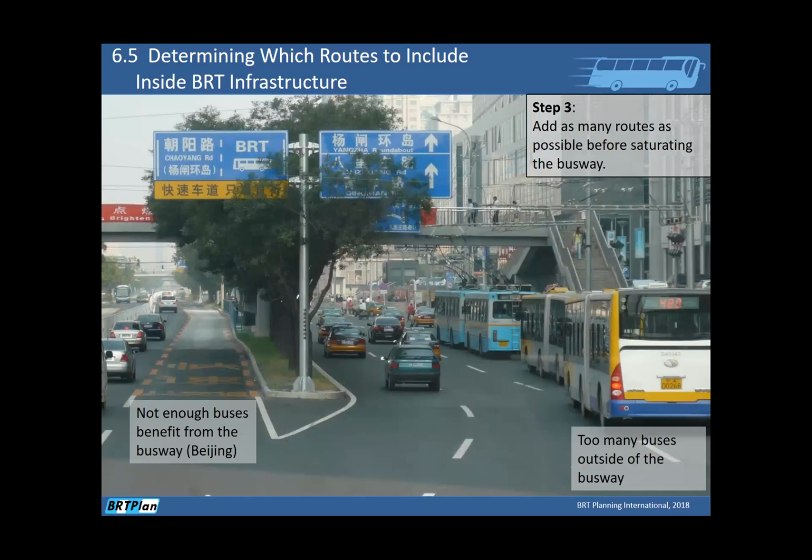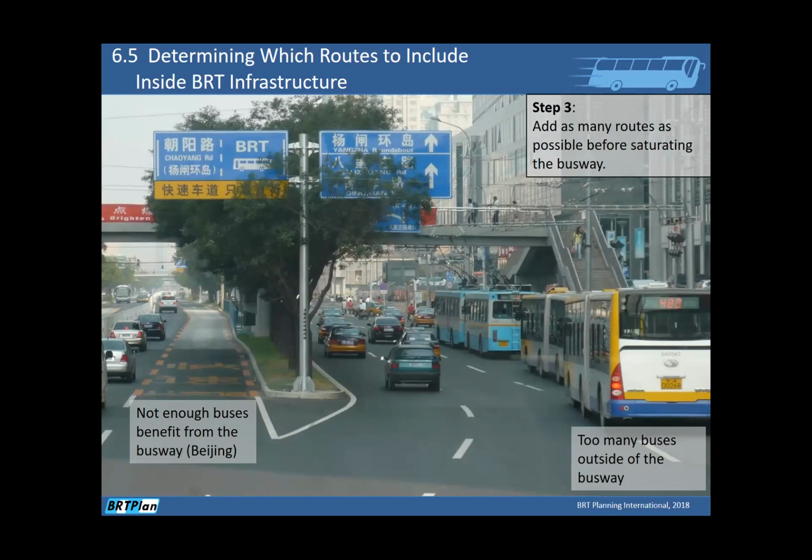The next thing you want to do is essentially add as many bus routes as possible into your dedicated bus lane, so as many people as possible can benefit, up until the point where your bus lane saturates and it becomes too slow.